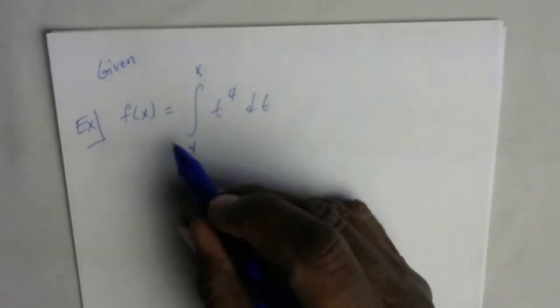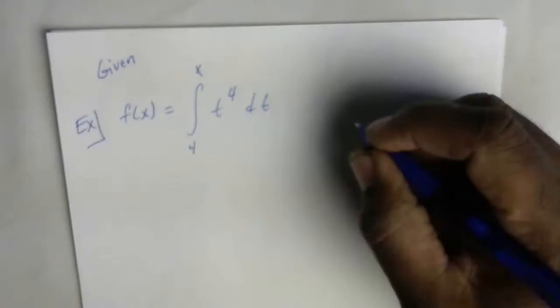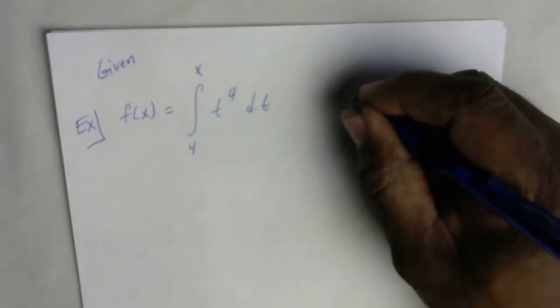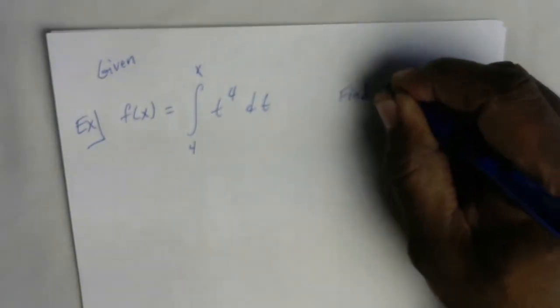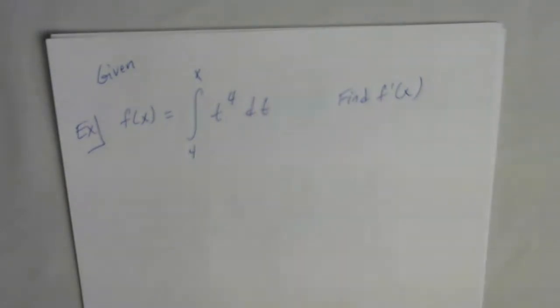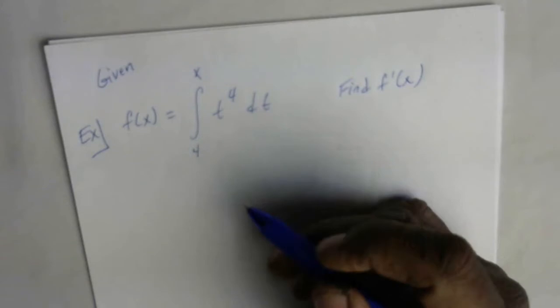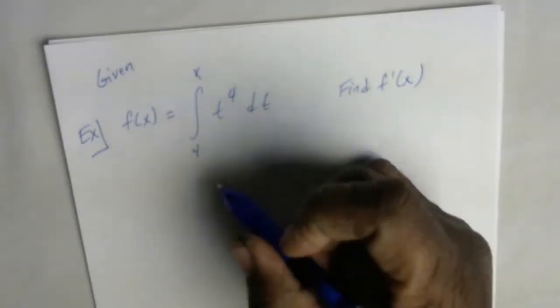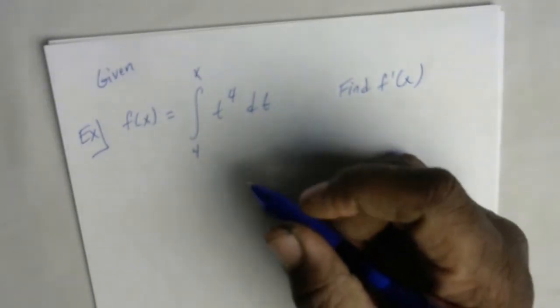What we're asked to find is f prime of x. In this instance, we're going to use the fundamental theorem of calculus part 1.